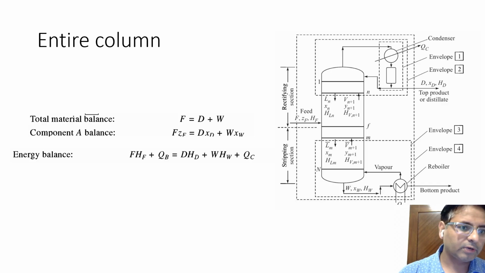So this will be the component balance, and you can also do the energy balance if you require the heat in the bottom. You will add it in the feed, and the condenser is releasing heat, so in that case it will come on the right hand side.